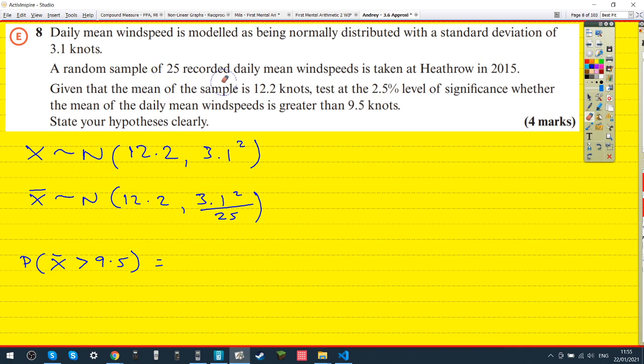So it's given that the sample mean is 12.2. So this was the sample one, and the actual mean is 9.5. So it's the other way around. This whole question was phrased quite strangely. 9.5, 9.5, and we want the probability of 12.2 or greater.